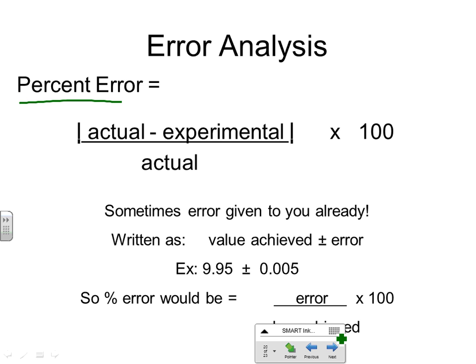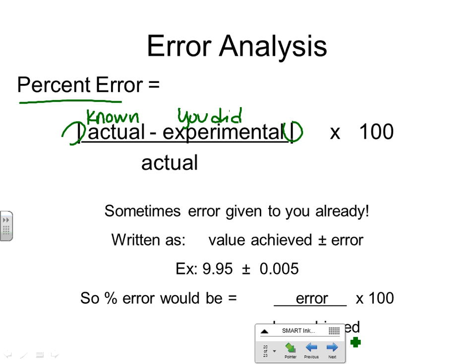How much error did you have in your experiment? And take the actual value, this is known, and this is something that you did in an experiment. You say the absolute value of that, that's what these little lines are over here, and then divided by the actual value again times 100, and that'll give you whatever percent error you had.